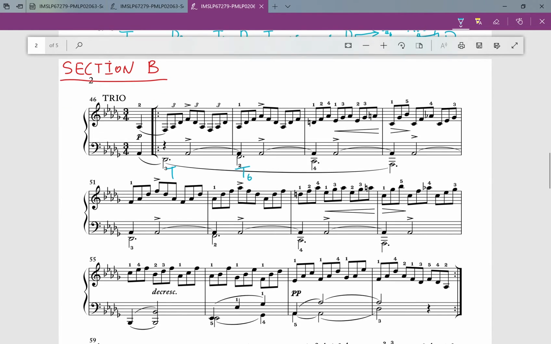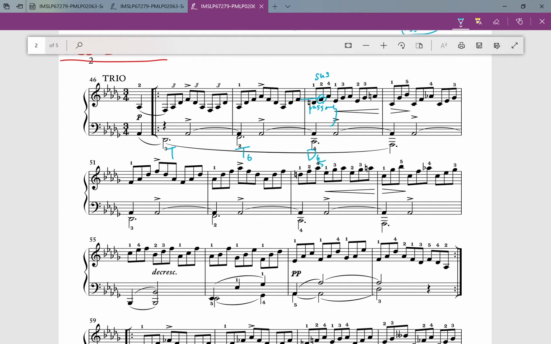Here we have tonic in the first inversion and then dominant 7th in the first inversion. And here this D natural is basically the passing note between this D flat and E flat. So it's a chromatic passing note. And here the F is basically the suspension from the chord before.